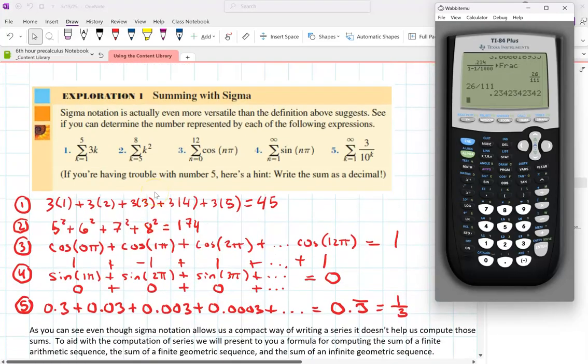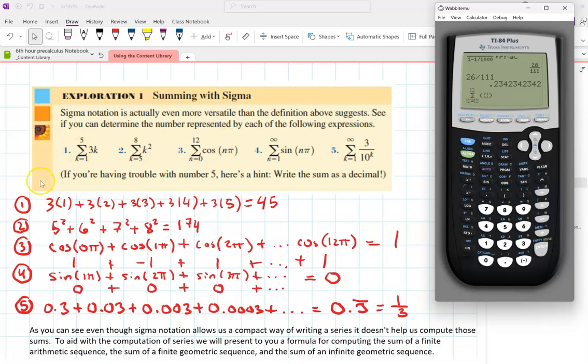So like any of these finite sums, your calculator can do for you. So let's say you wanted to do number 1 here. To do that, I can press the math button. And if I scroll down, it's command 0 on my calculator. It's called summation. If I pick that option, it basically allows me to type in the problem like it looks.